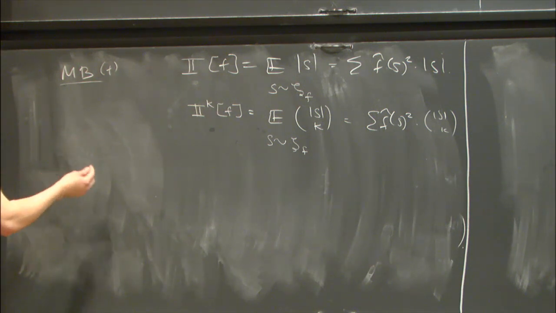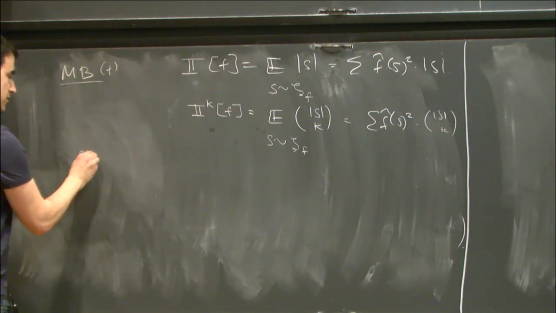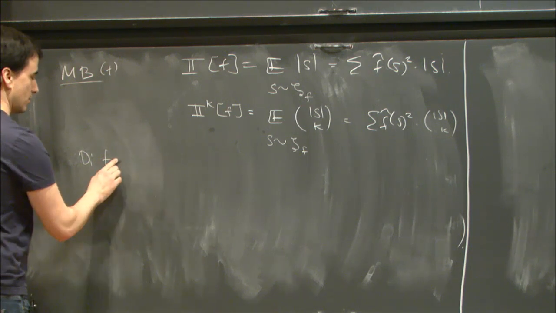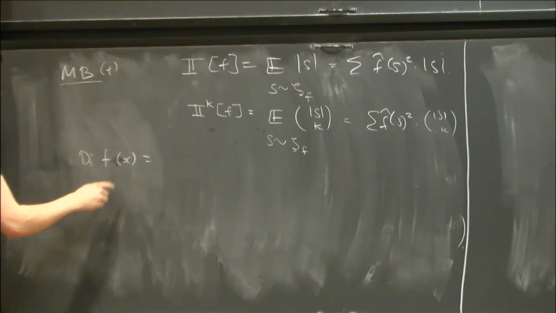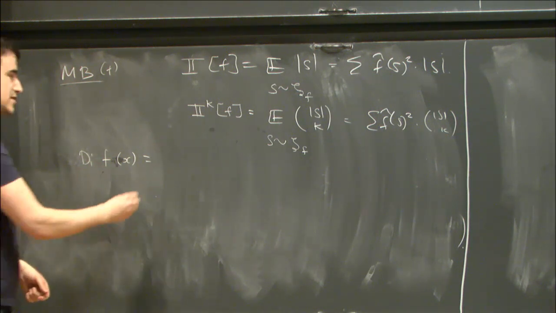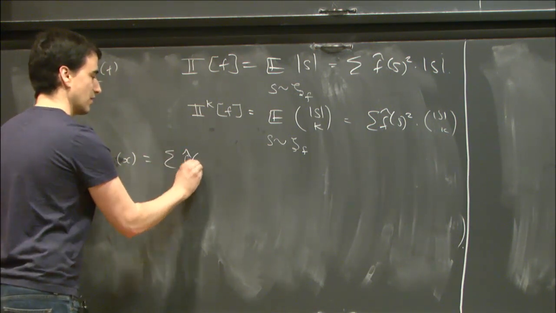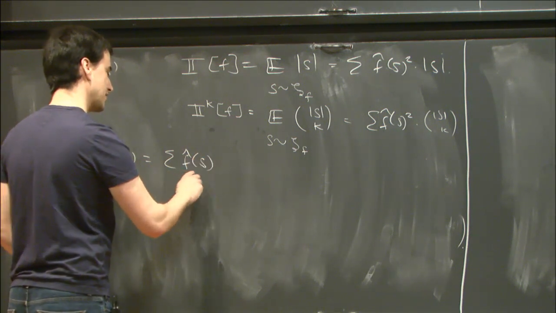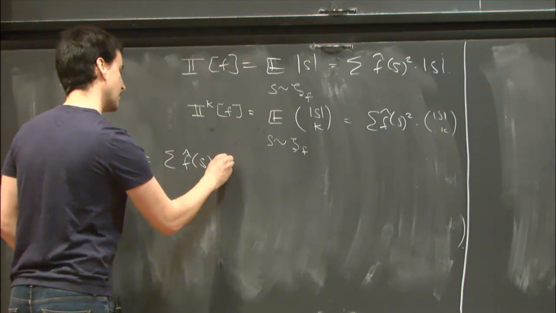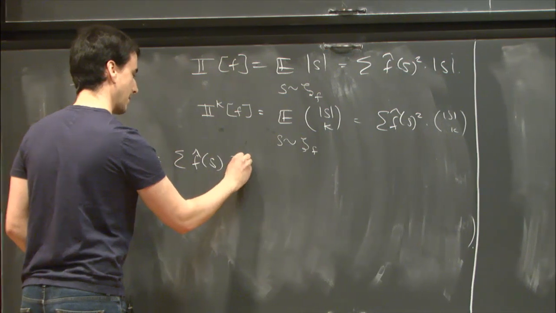Okay, so recall that we have this derivative operator, which for a given function, if we apply it, gives us just the sum of all Fourier characters, with their coefficients, when the character contains i.